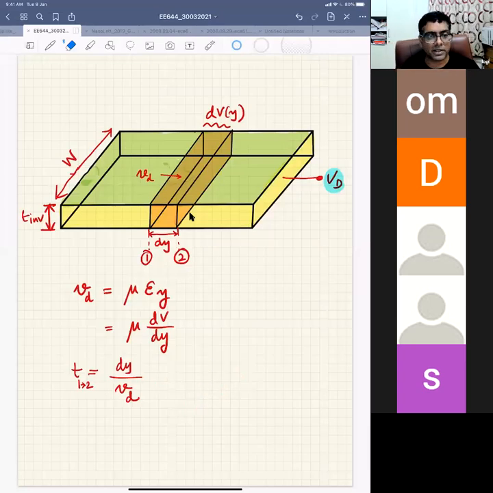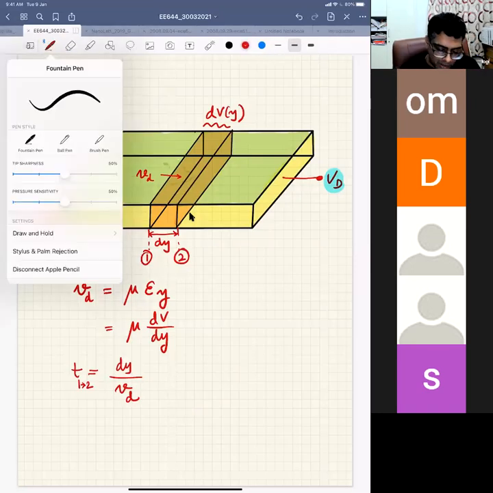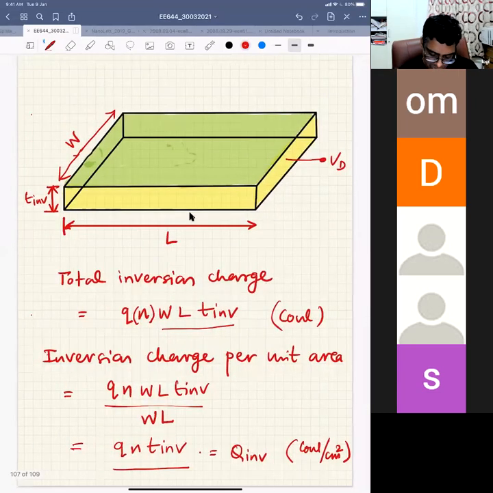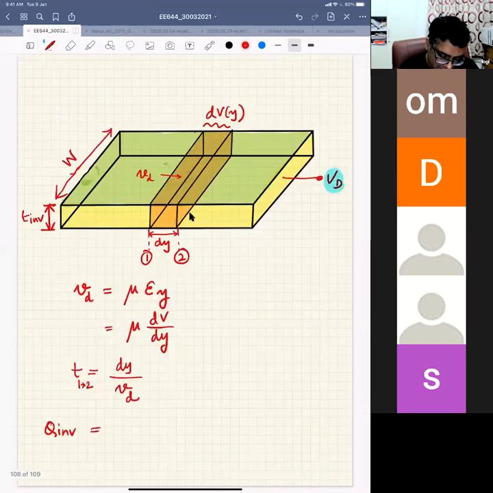If I look at the Q inversion in this small region, the Q inversion per centimeter square, how much charge do I have? The charge is around Qn times T inversion.